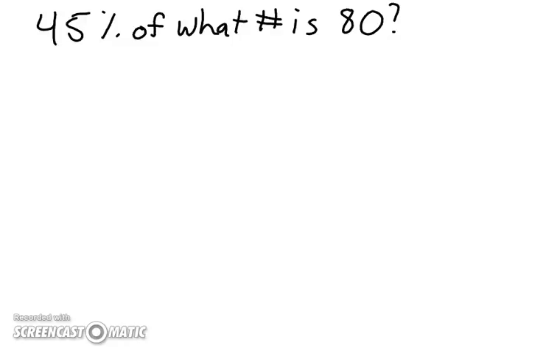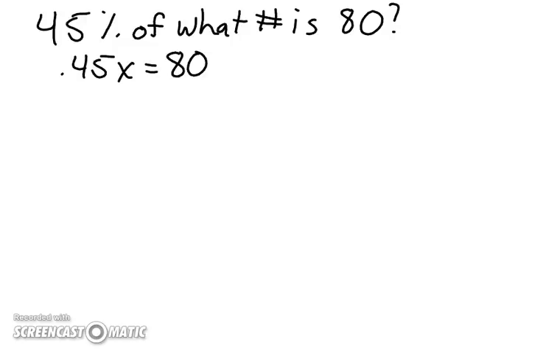So again, we can do this using an equation. We can change the 45% and make it 0.45. Of means multiply, what number we don't know, so 0.45x is 80.